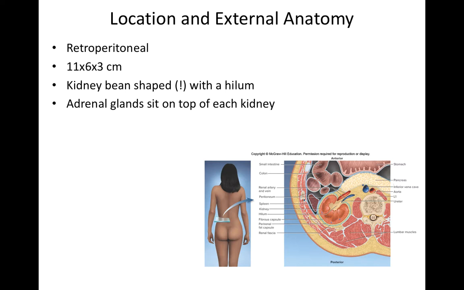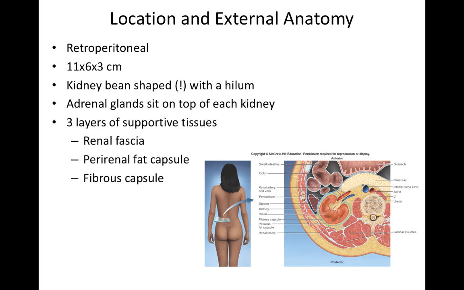They are sort of kidney bean shaped. They have an adrenal gland on top of each one of them, not sharing any real function, just an anatomical location. Unlike all of the stuff we've talked about to this point, we do not have a serous membrane surrounding our kidneys.